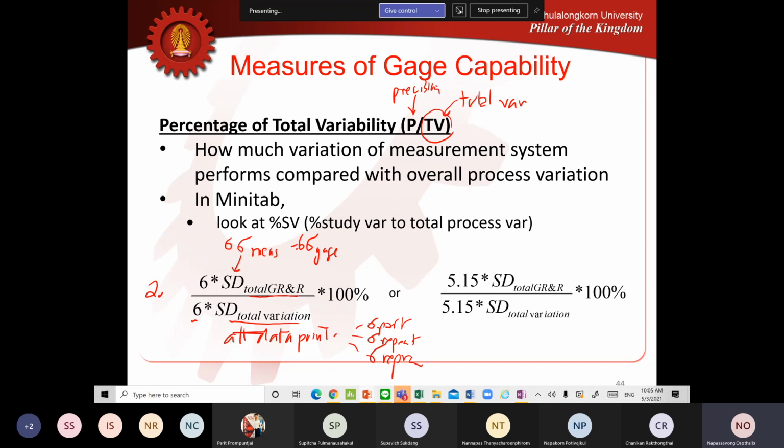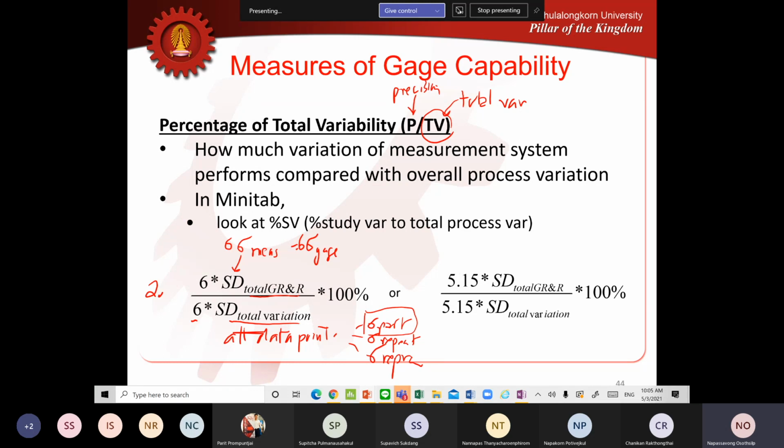So it's like we compare. One more thing that I have to tell you is that for sigma part, we cannot directly quantify it, because when we want to tell the difference among the parts, we have to measure them with the measurement device.